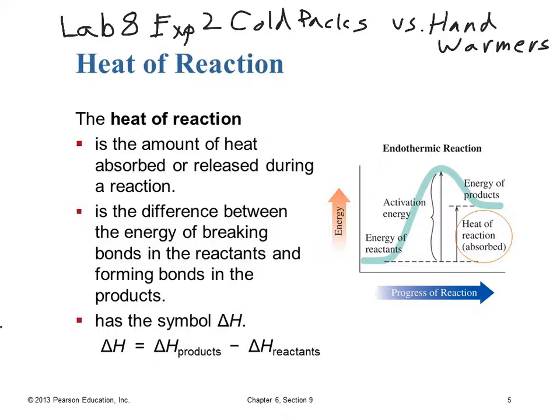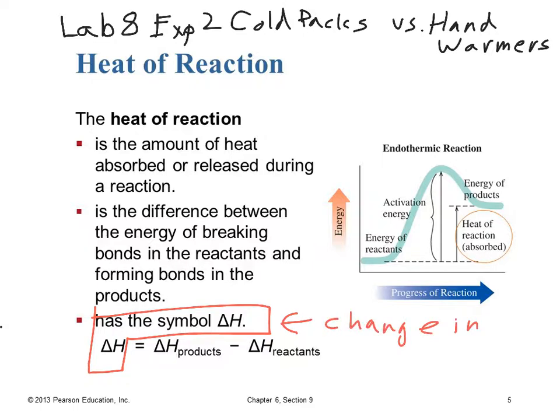When that heat of reaction occurs at a constant pressure, we refer to it by the symbol delta H, and very formally we'll call it the change in enthalpy. Let's take a look at a very simple and common exothermic reaction.